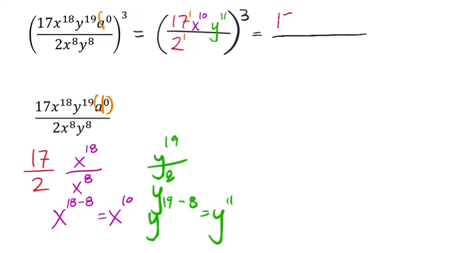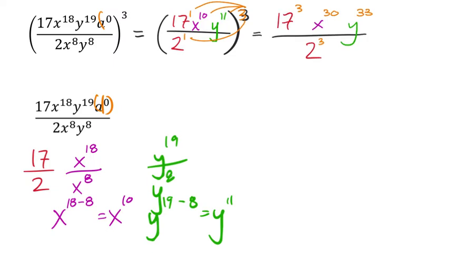Okay, so I still have my same bases of 17 and 2 and x and y. But now applying this 3, and by apply I mean multiply, so 17 to the power of 1 times 3 would be 17 to the power of 3. X to the power of 10 times 3 would be x to the power of 30. Y to the power of 11 times 3 would be y to the power of 33. And then 2 to the power of 1 times 3 would be 2 to the power of 3.